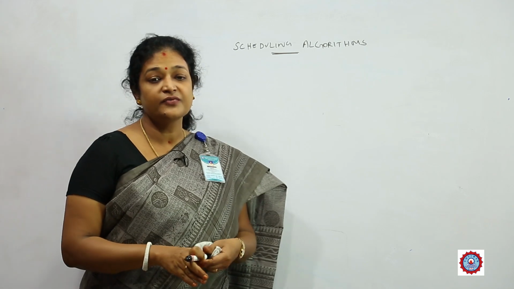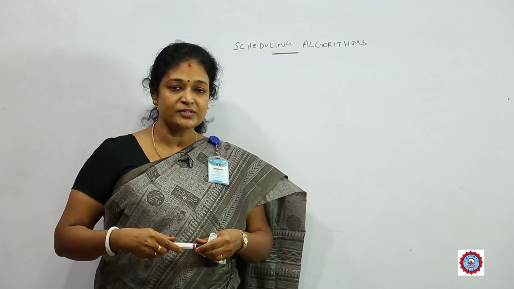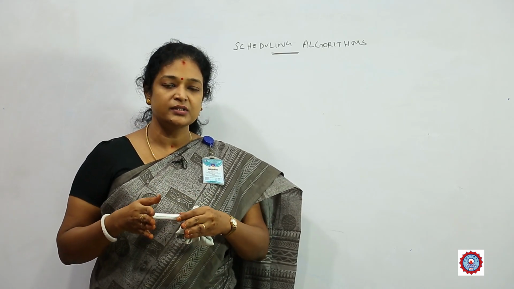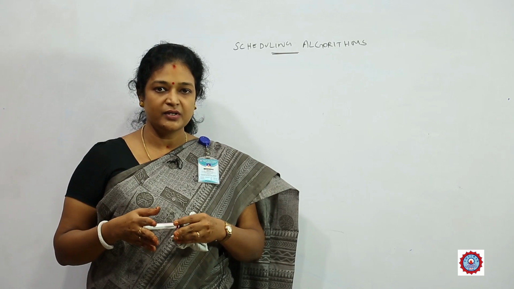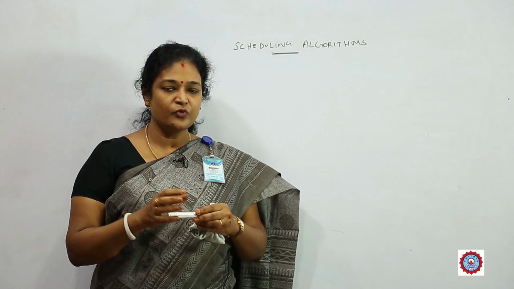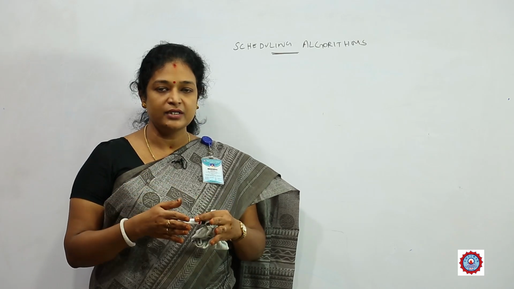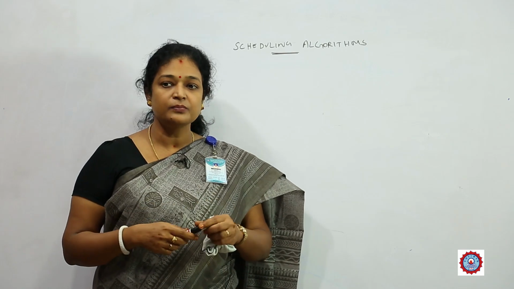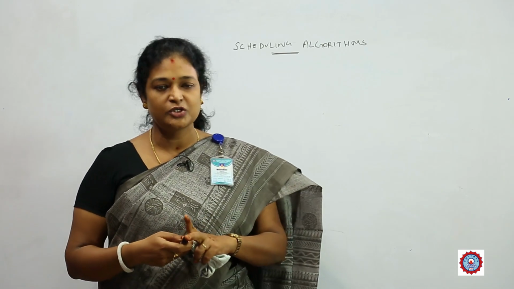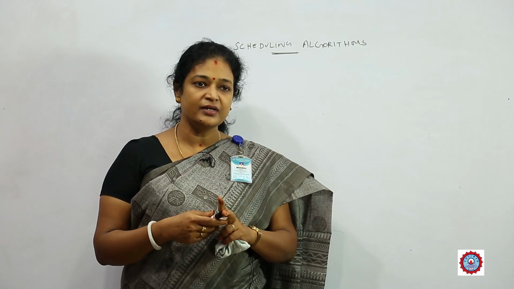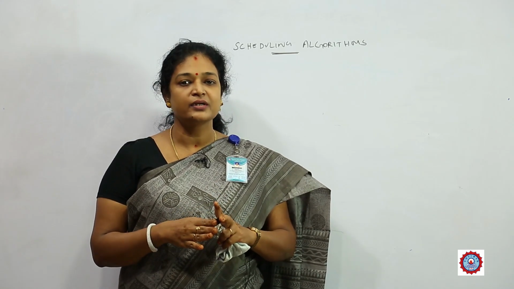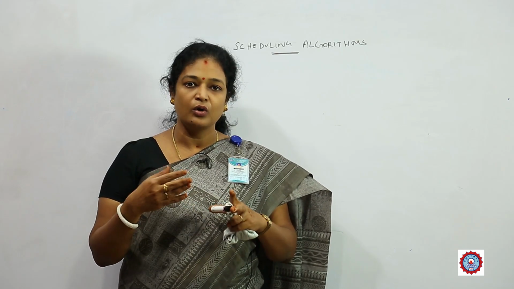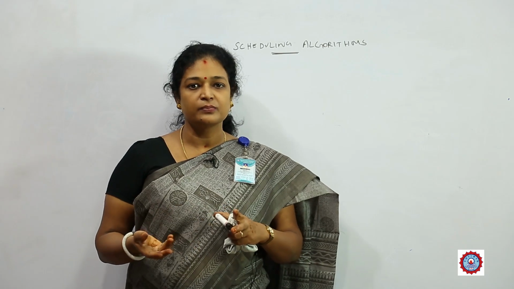So, we have seen the number of processes in the ready queue, and they have to be navigated to the running state in the last class. Am I right? This navigation from the ready state to the running state has to be done by a special unit known as a scheduler. All the processes in the ready queue will be allocated to the CPU one by one, or on priority basis, or by any means.